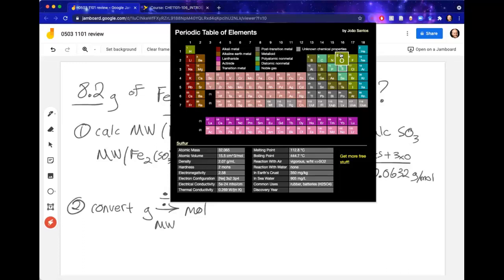And we need the mass of iron in this case, 55.845 grams per mole. I boxed myself in here. Let's get a number for that now.